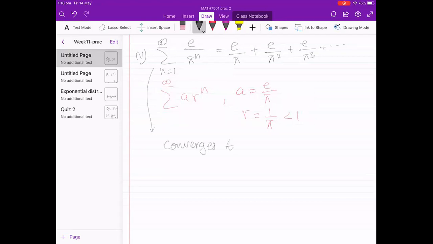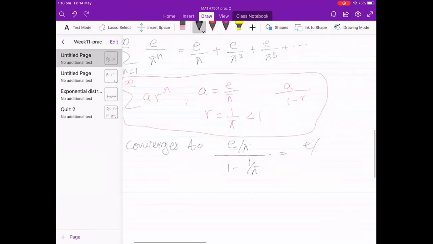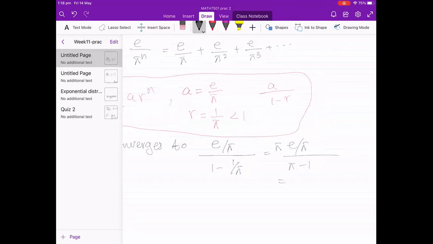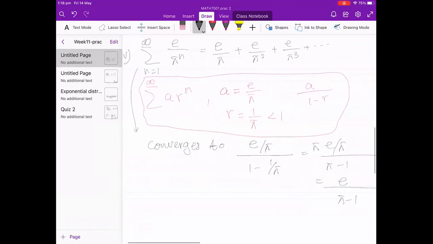What converges to what? If it converges, it's a over 1 minus r. So that's e to the power pi over 1 minus 1 over pi, which is equal to pi over pi minus 1 times pi. So that's really e to the power pi over pi minus 1.